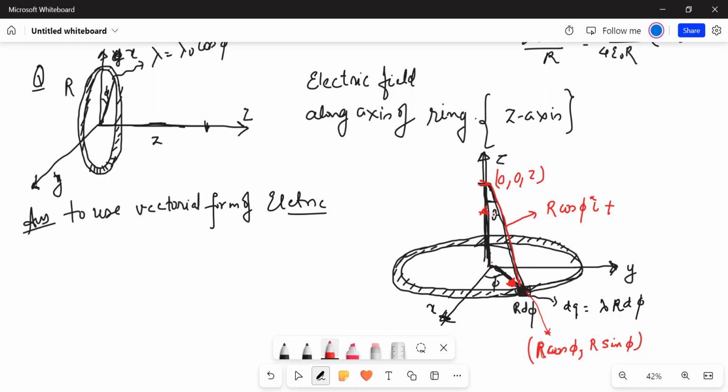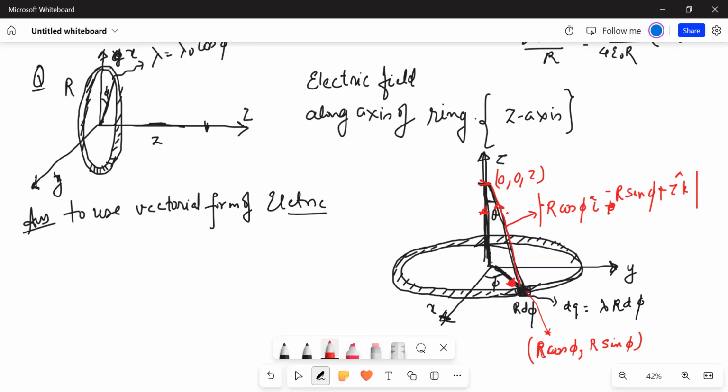So this will be minus r cos phi i cap minus r sin phi j cap if the arrow is in this direction, and plus z k cap, and this will be in modulus. So the length will be in modulus.